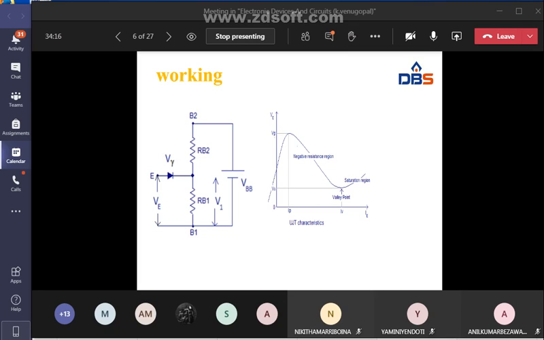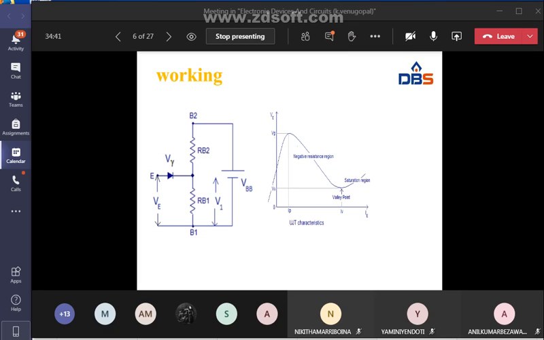This point is called the peak point, peak voltage. This is called the valley point. In the negative resistance region, the voltage is increasing from this point, but the current is going to decrease up to the valley point.